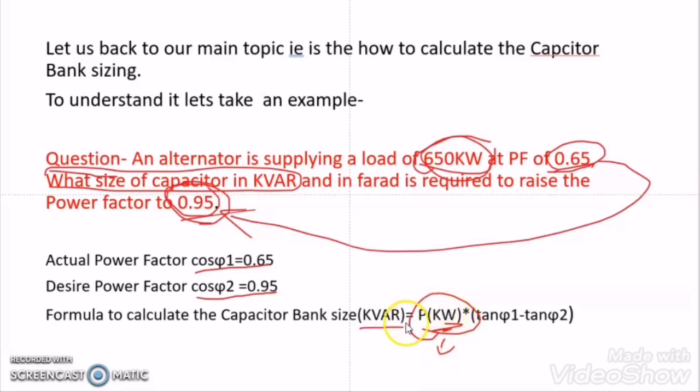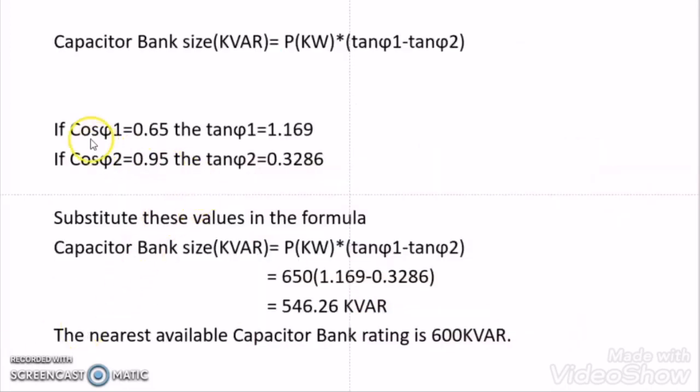So in the formula, the capacitor bank sizing in kVAR is equal to the total connected load in kilowatt into tan phi of the actual power factor minus tan phi of the desired power factor. If we know the cos phi, we can get tan phi from the scientific calculator.